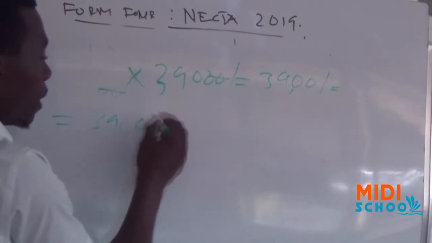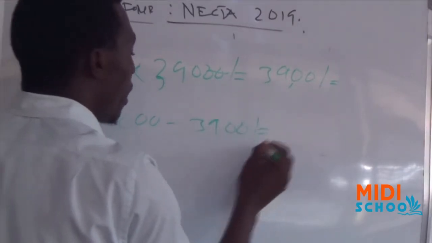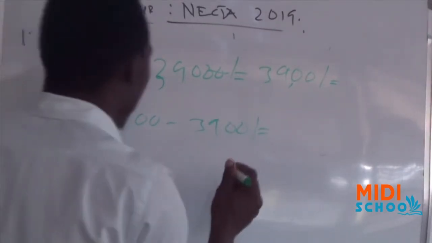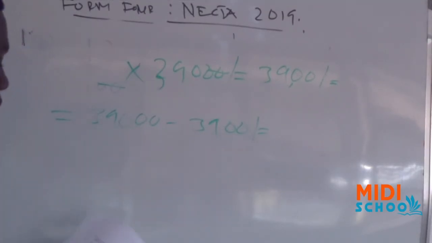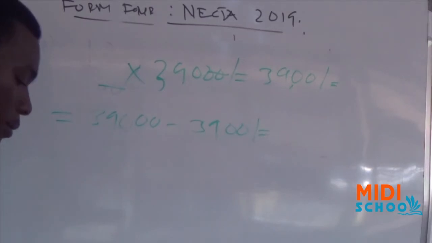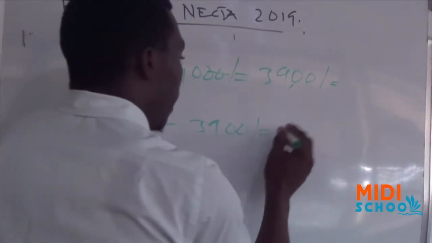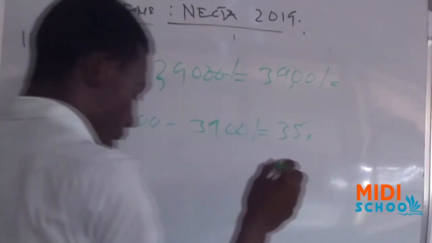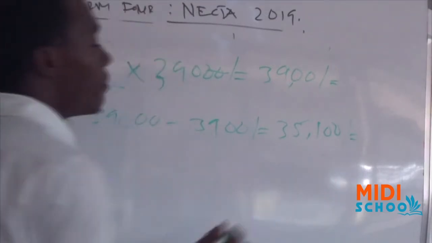We get 35,100. This was the amount remained.